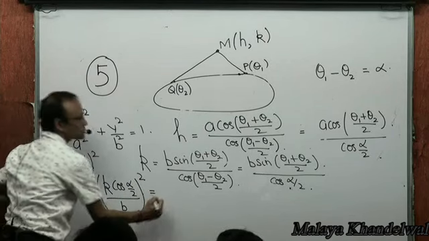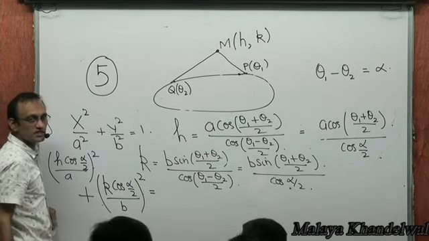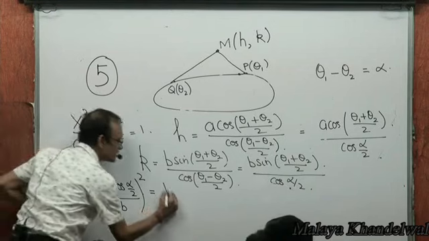Cos square of (theta 1 plus theta 2)/2 plus sine square of (theta 1 plus theta 2)/2 is 1.